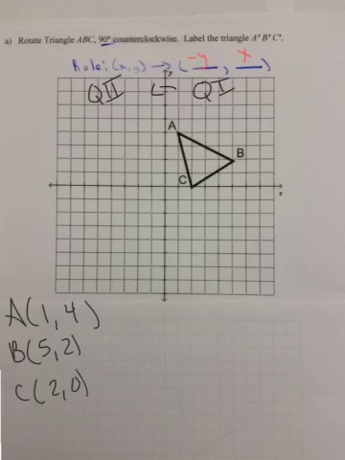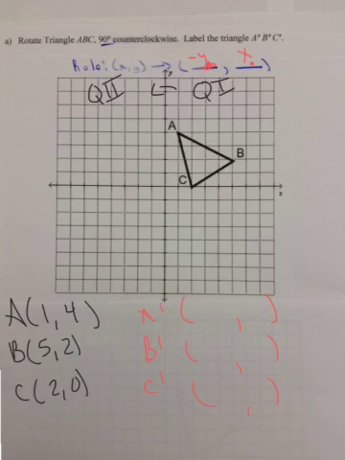So let's look at our A prime, B prime, and C prime. We're going to use the rule that we have written at the top, and our rule is (negative y, x). Since the y is listed first, that means we're going to change the order of our ordered pairs.